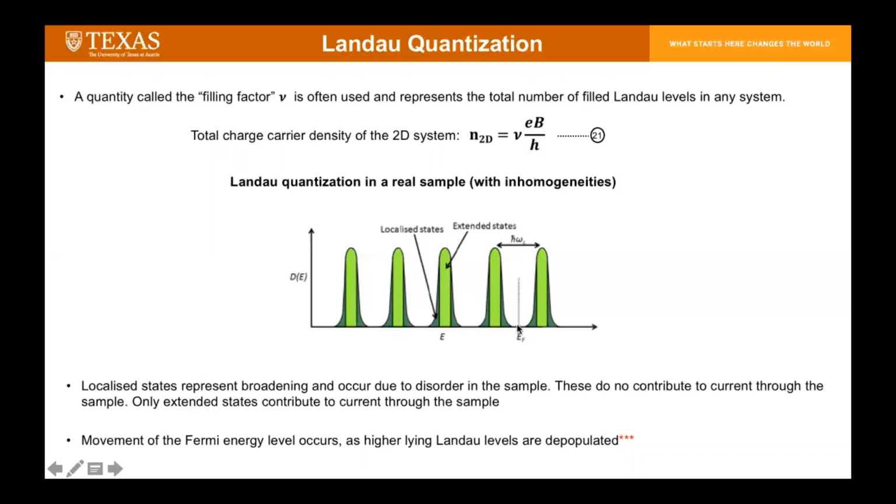And when you start to increase the B field, this Landau level will start to move up. At some point, the Fermi level will be right in the middle of the Landau level, and the density of states at the Fermi level will be higher at that point. So an effect of this is that the density of states at the Fermi level also oscillates as you increase the B field.